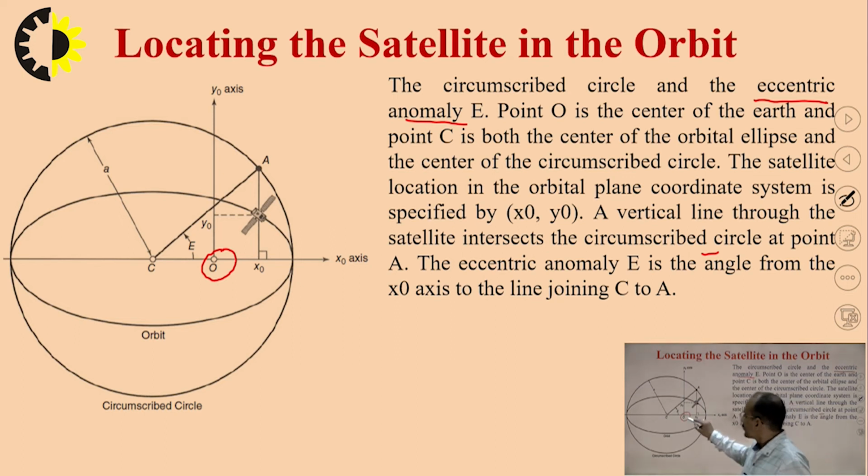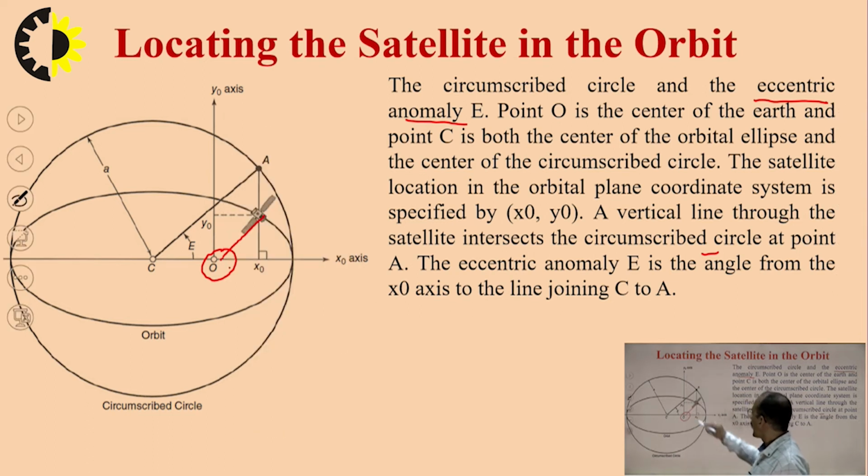So this is your Earth. The angle between Earth and satellite in the xy plane is phi naught, and you are taking a circumscribed circle, with a straight line coming from the satellite that intersects this circumscribed circle at this position.